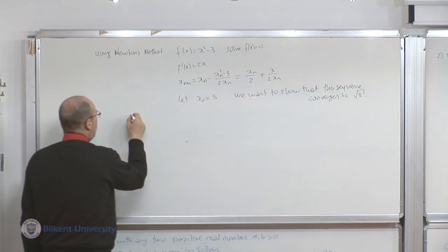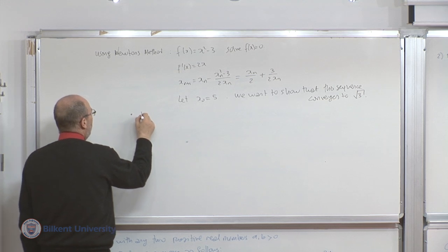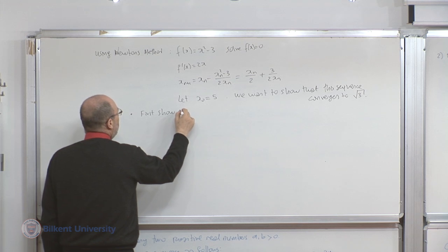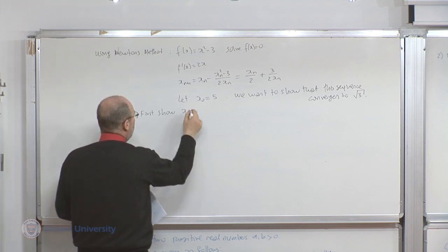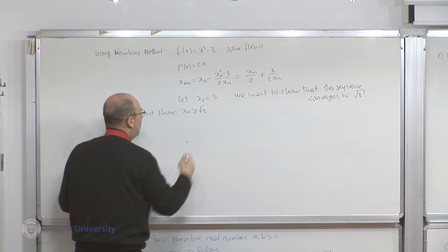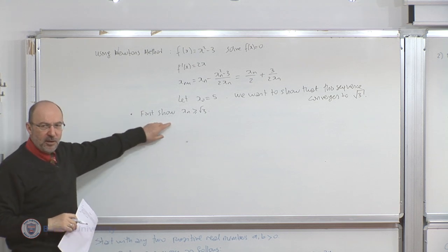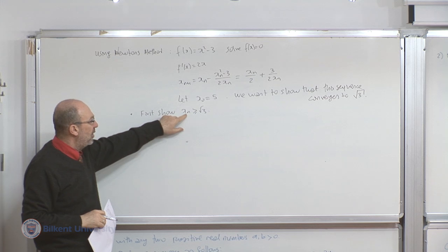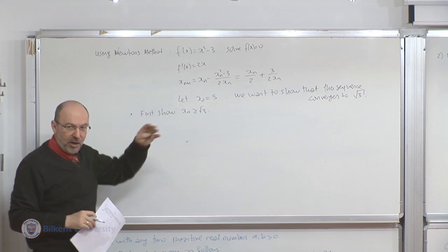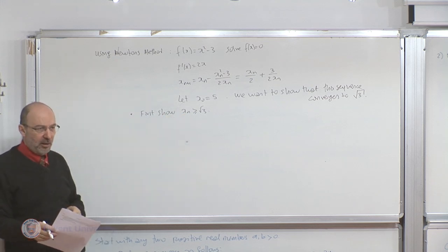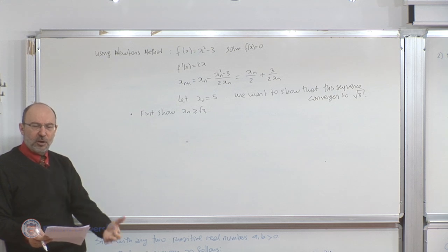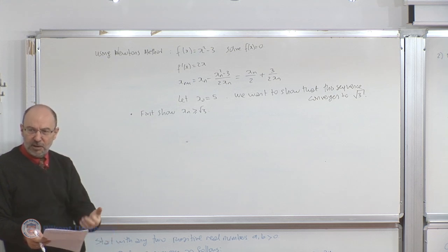So we'll use induction. First, show that x_n is larger than or equal to square root 3. For our purposes, this statement is not necessary. For our purposes, first show that x_n is positive, because eventually I'm going to invoke the monotone bounded sequence theorem. If the sequence is bounded from below, and if it is decreasing, then it has a limit.